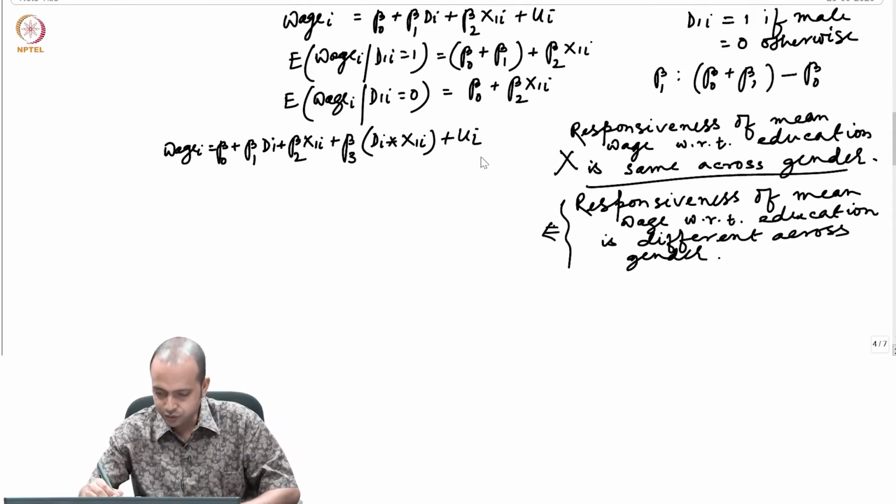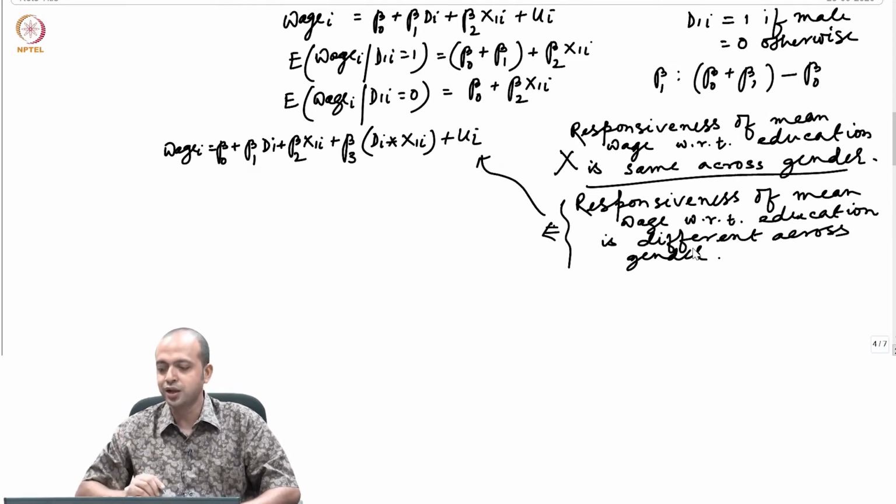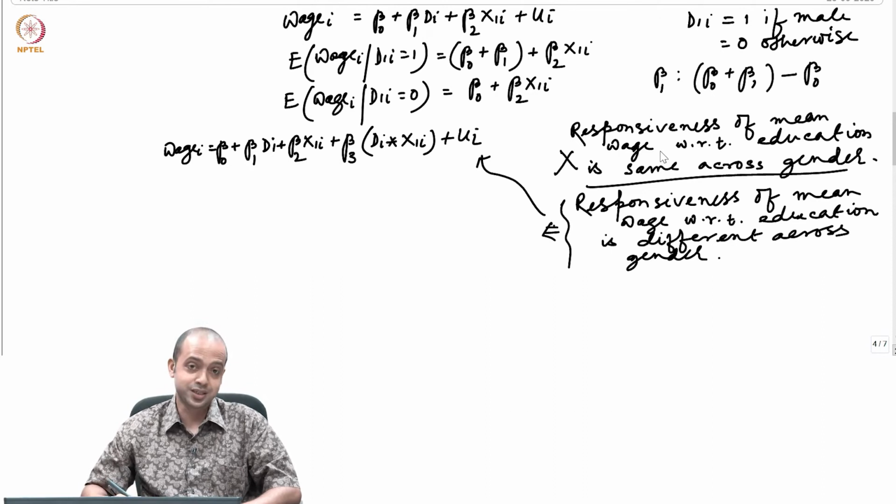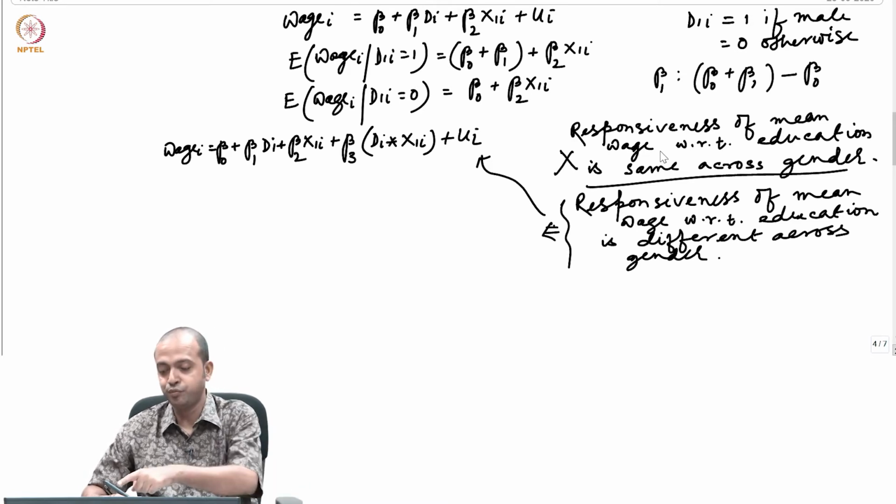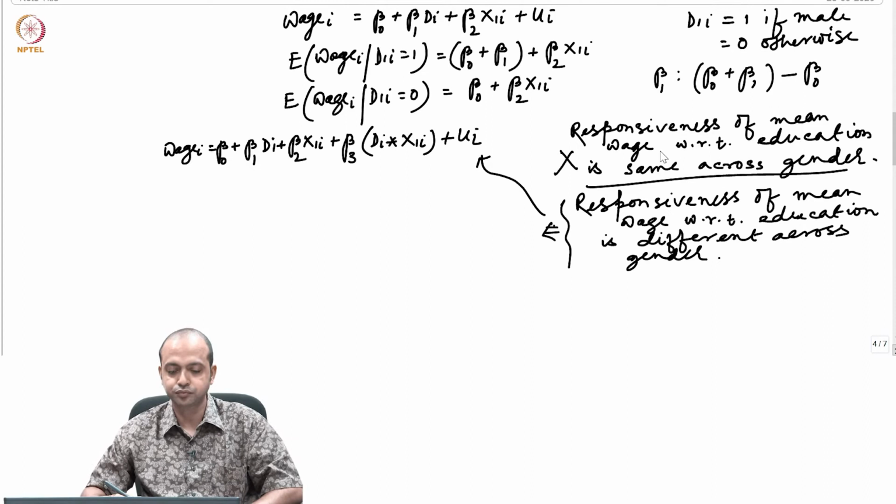So, this is going to be your model when you relax this assumption and say that mean wage responds quite differently with respect to education for male and female category.